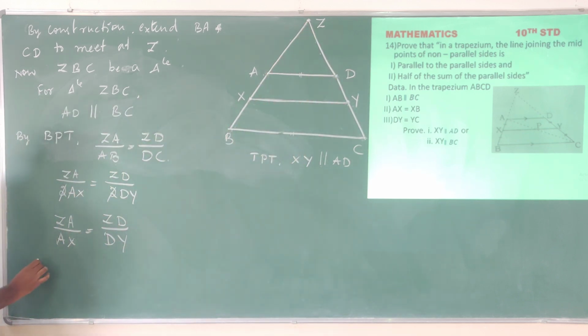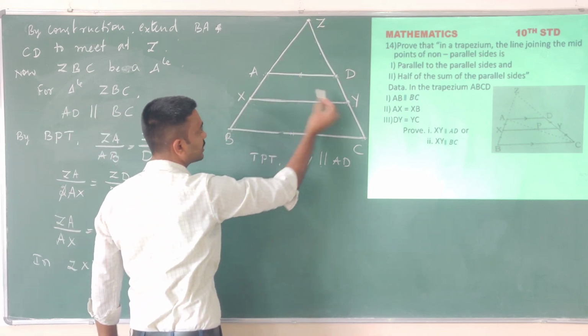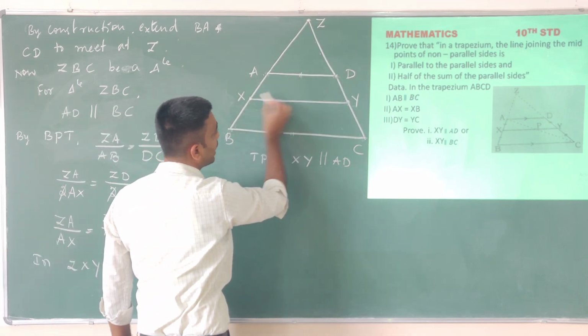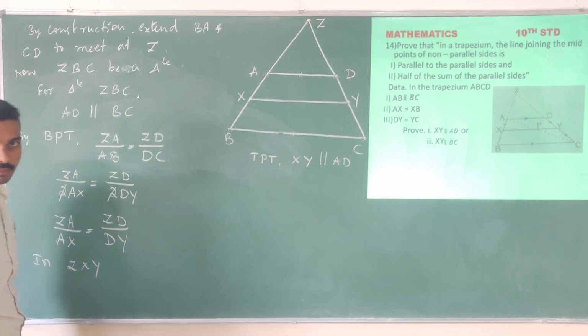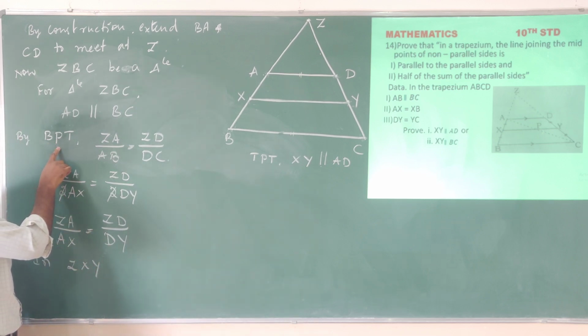Now in triangle ZXY, consider this triangle ZXY. AD is parallel to XY. Why? Because of the converse of the basic proportionality theorem.